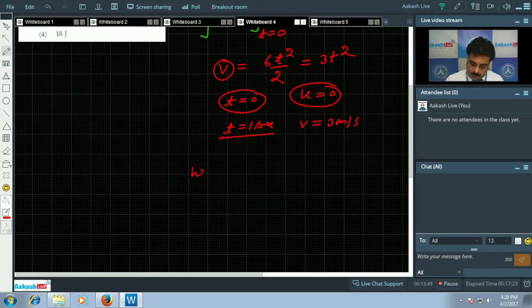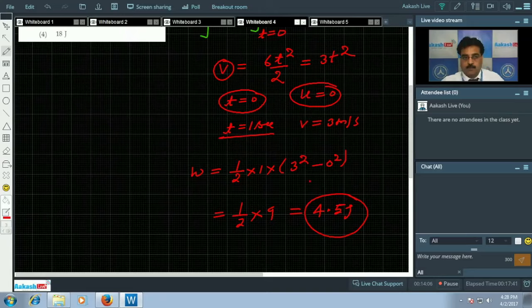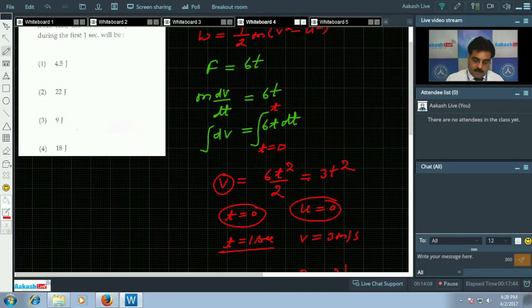Going once again from the work energy theorem, mass is 1 and final speed is 3, initial speed is 0. So you will get 1 by 2 into 9, that will give you 4.5 joule. So my option is 1.